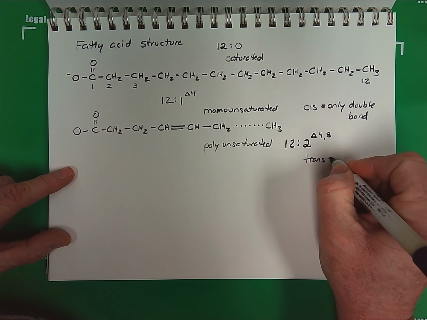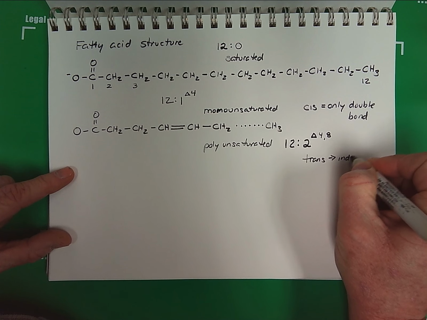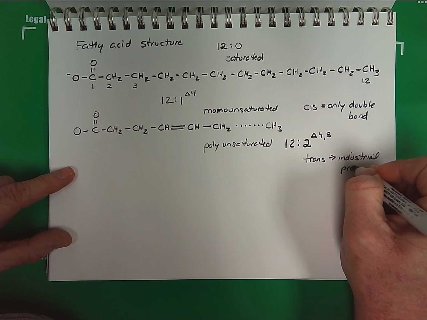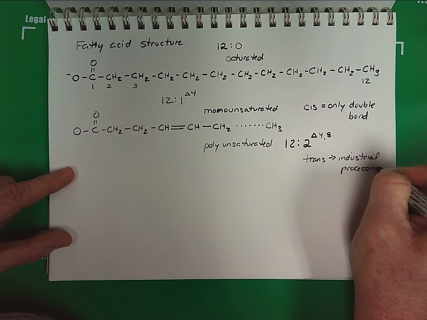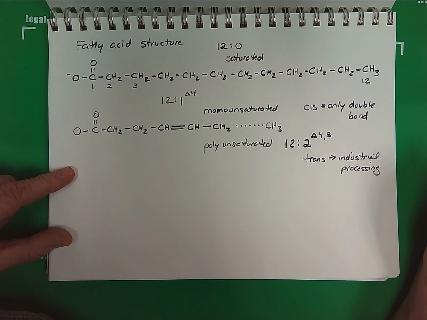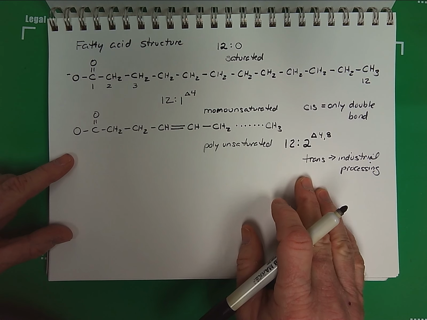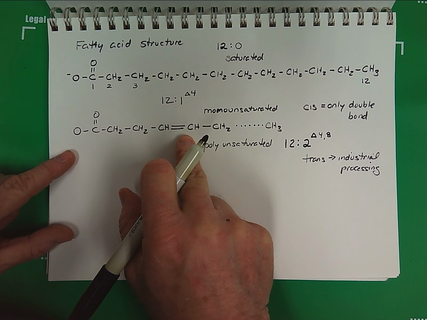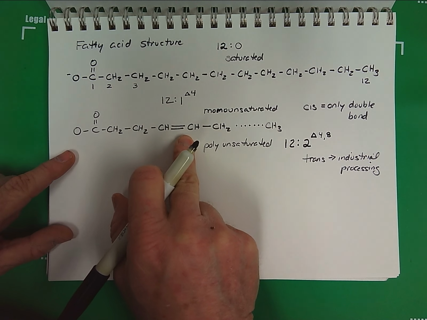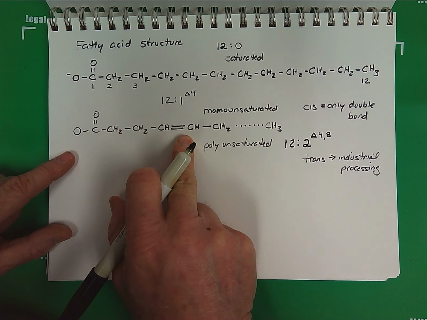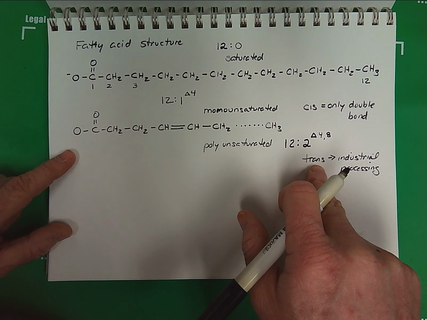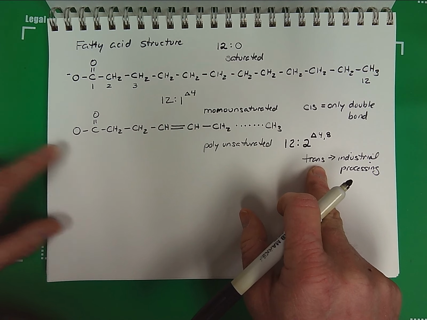Trans double bonds come from industrial processing. The purpose of trans is to increase the shelf life of food, because trans double bond fatty acids are more stable and less prone to oxidative damage. So hence, industrial processing includes trans to increase the shelf life.